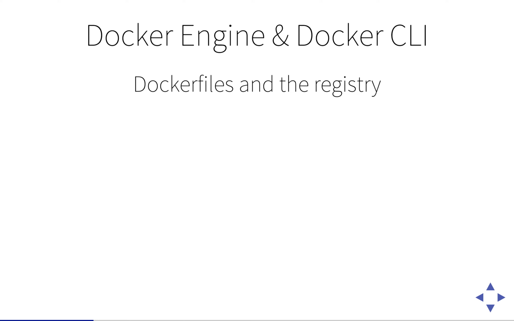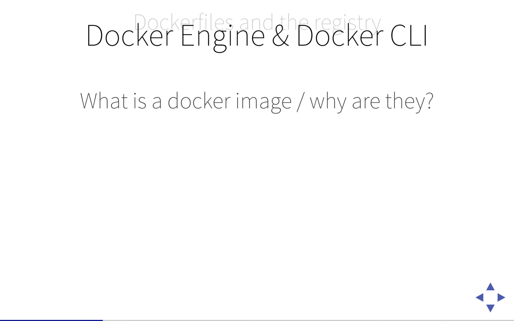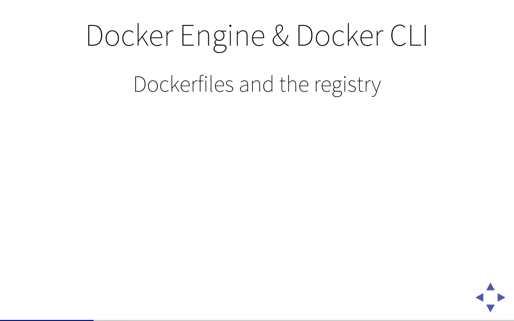So the first thing we're going to start with is Docker files and the Docker registry. Docker files are what allows you to create a Docker image. When you start off with a container, you don't have any files within that container. It's on a host. There's the Linux binary API.